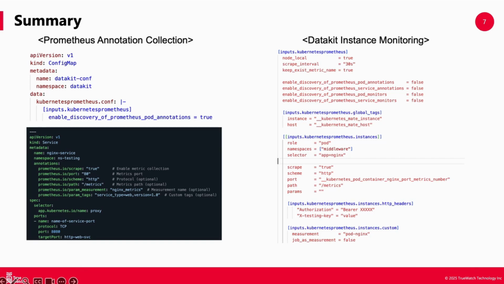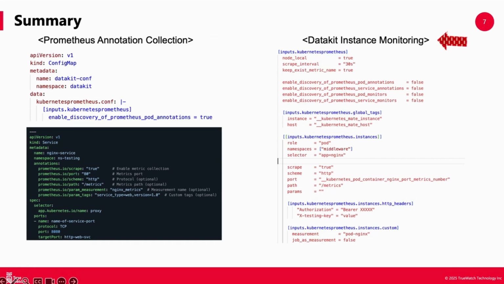Among the two collection modes we provide, the Prometheus auto discovery collection is suitable for users who have used Prometheus before and have workloads with configured auto discovery annotations in the cluster. In this mechanism, you only need to turn on the collection switch to complete the access of the auto discovery data.